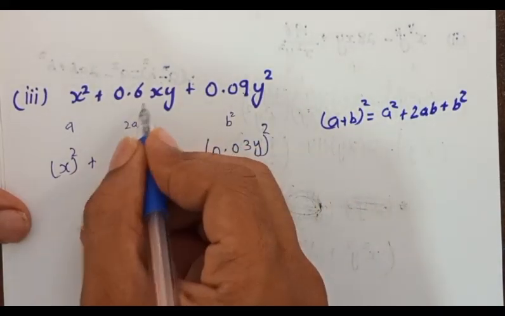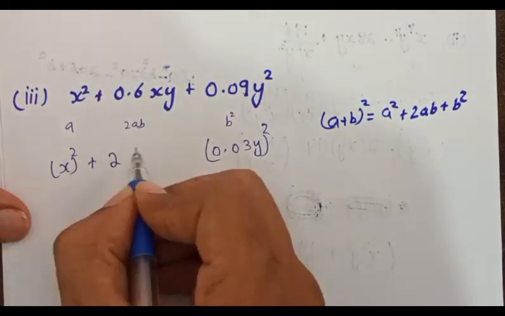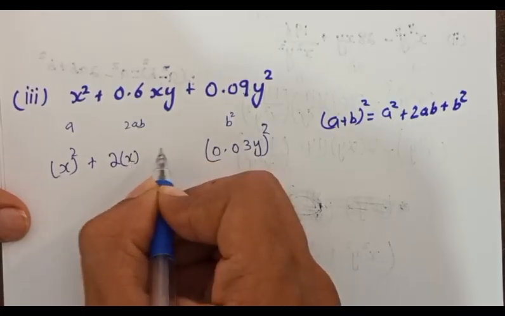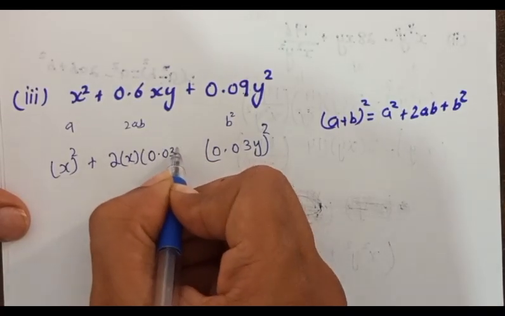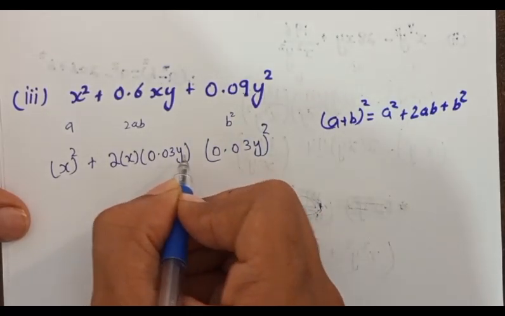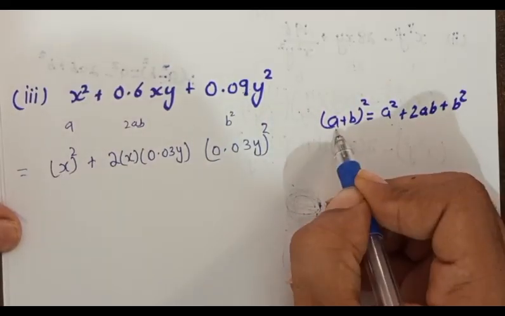So now I will solve this one. This is 2. My a is x and my b is 0.03y. This is the expanded form, so I'll make it shorter.